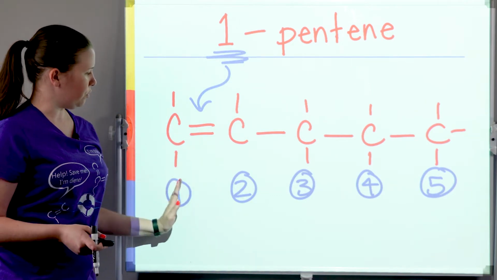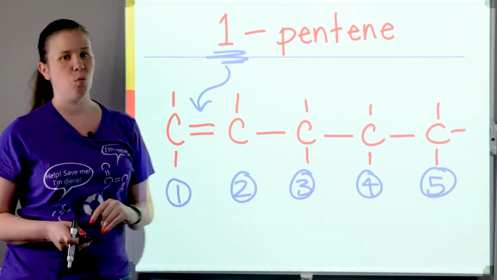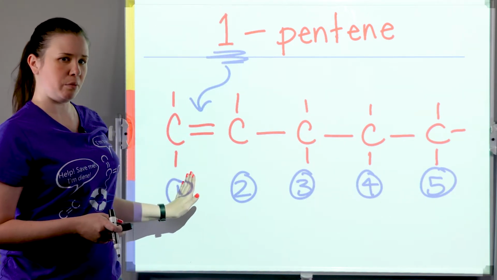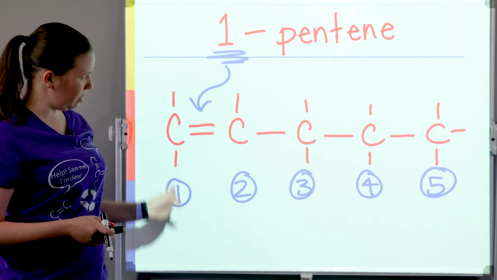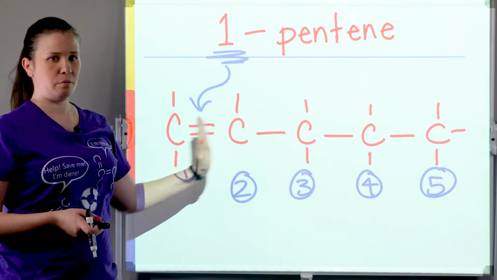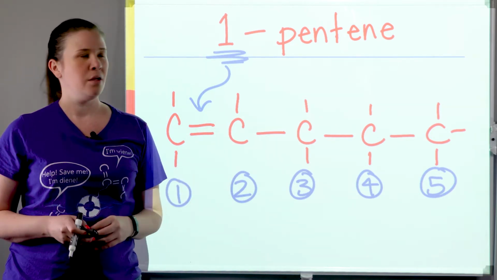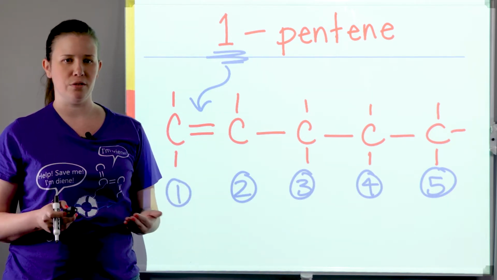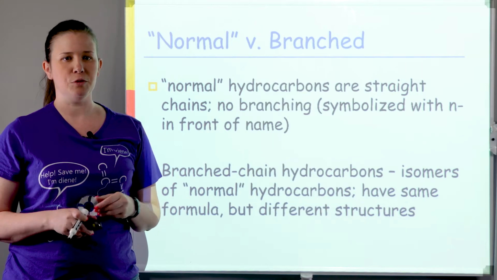So it's between the first and second carbon, so we're going to call it 1-pentene. There's a rule we'll talk about later where you're always going with the lowest numbers. So we'll name it, or number it, I should say, 1, meaning it's between 1 and 2. So that's an example of how the name can change based on the type of bonding that you see.